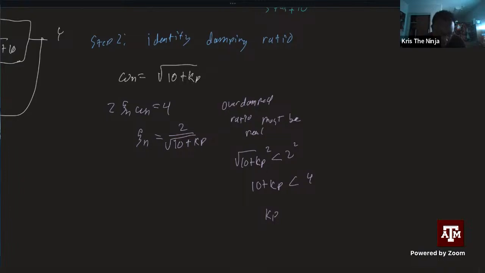So Kp has to be in between -10 and -6. So all this is basically just how to find the damping ratio.